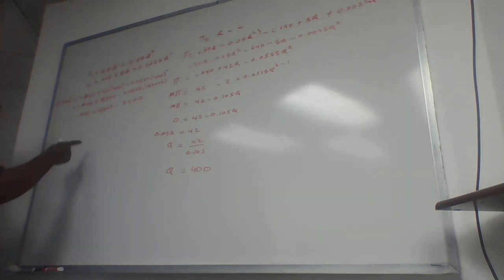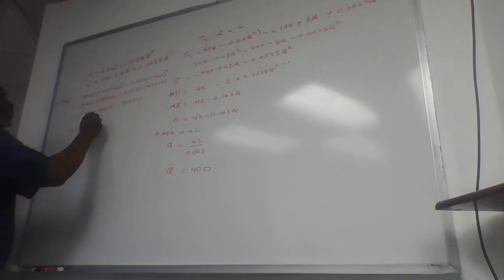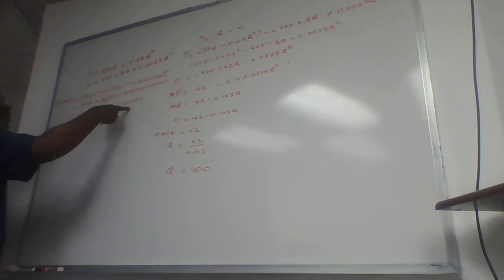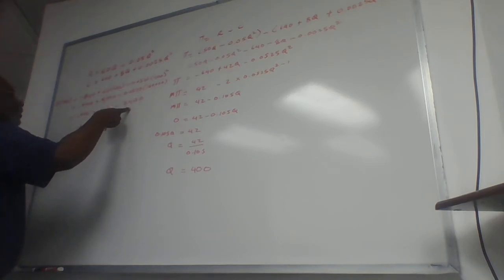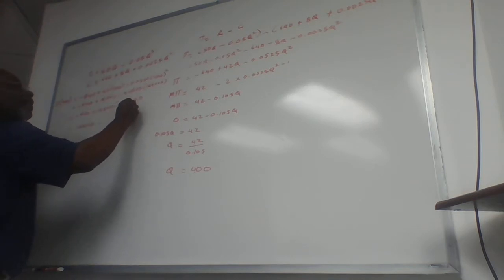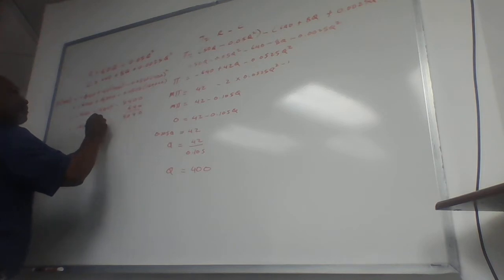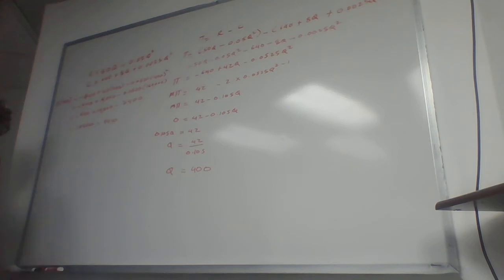So we collect: 16,800 minus 9,040. The answer is 7,760.